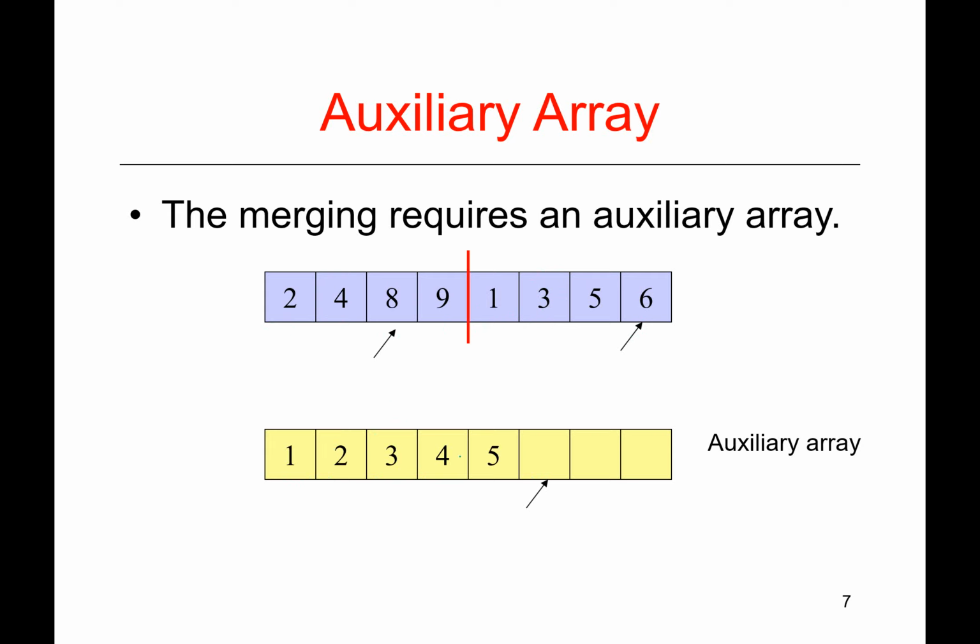Continue this procedure until you meet the end of the left or the end of the right. Once you meet either end, you go to the special case and pick up the remaining elements in the left or right.